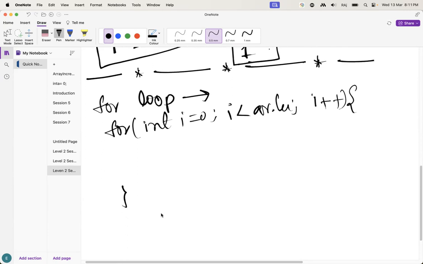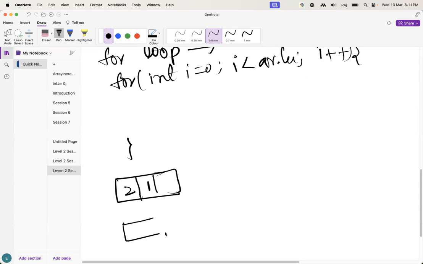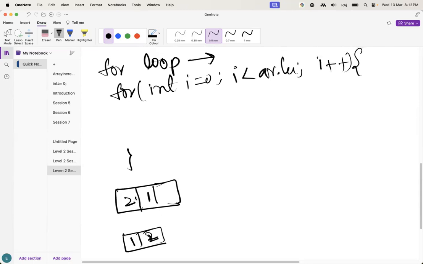Let's suppose the array is like this: 2 and 1. What do we have to do? We have to swap these elements to get 1, 2. So first we are going to check the relation between these two. This is the first even index, and the next adjacent index.